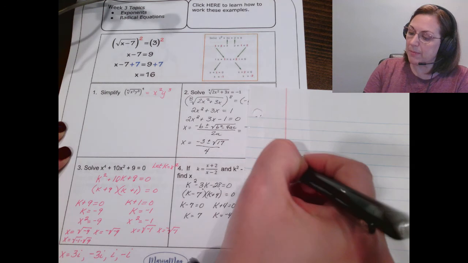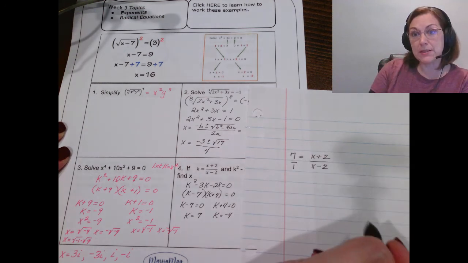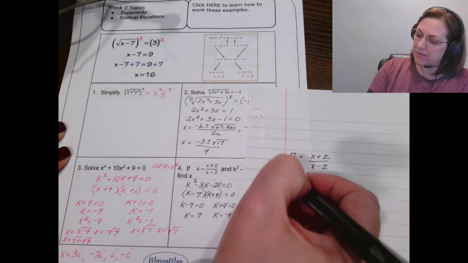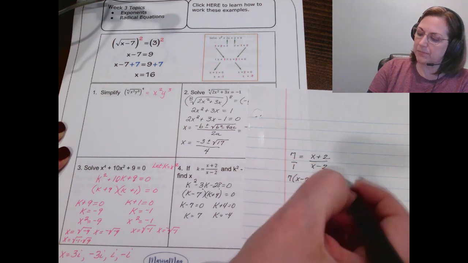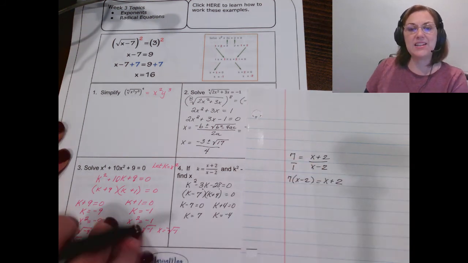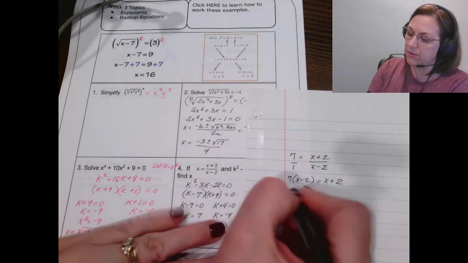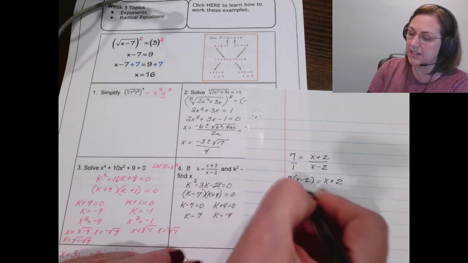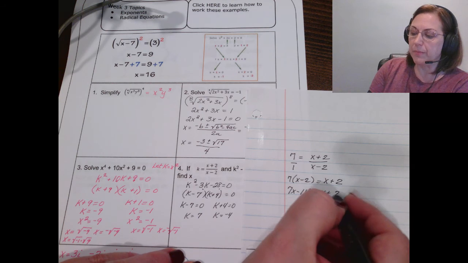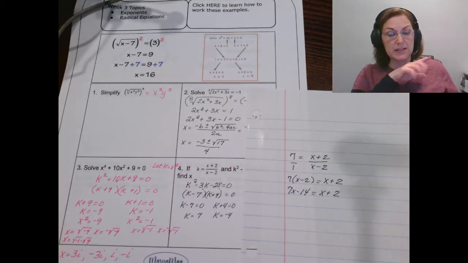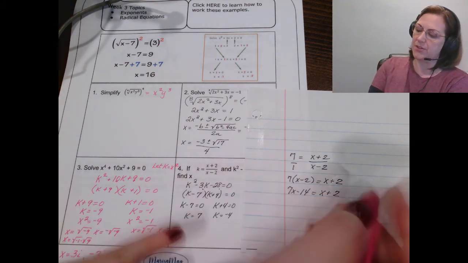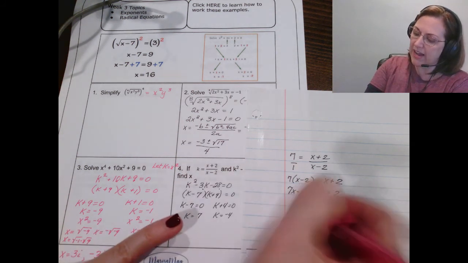So I will make this over 1 so I can cross multiply. That'll give me 7 times x minus 2 equals x plus 2. Go ahead and distribute here to give you 7x minus 14 equals x plus 2. Now, you saw in my previous video, we moved all the x's to one side, we moved all the numbers to the other side. So let's subtract x.